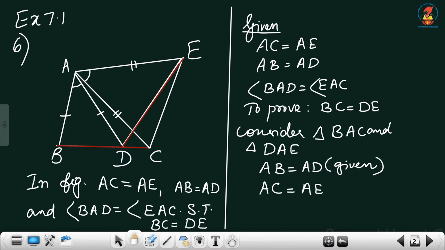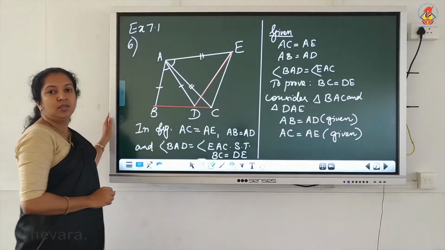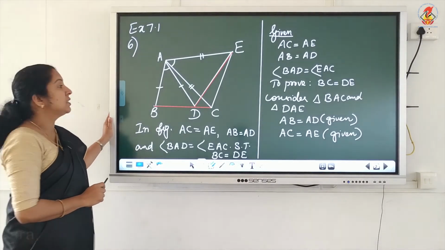These two are the corresponding sides of these two triangles, and another pair of corresponding sides is AE equal to AE. So, we got two pairs of corresponding sides equal.